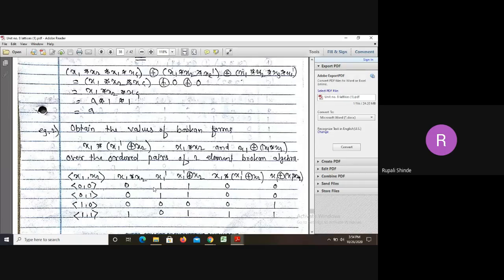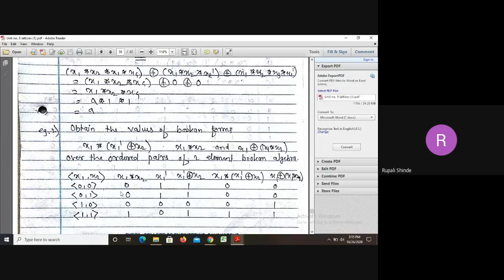Now next column is x1 complement. So here values of x1 are 0, 0, 1, 1. So if you take its complement, it becomes 1, 1, 0, 0. So that is given here. Next one, x1 complement XOR x2. Check here, x1 complement is here, x2 is here. So again, we have to take XOR operation.